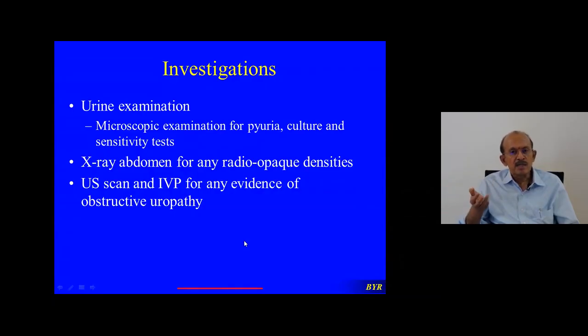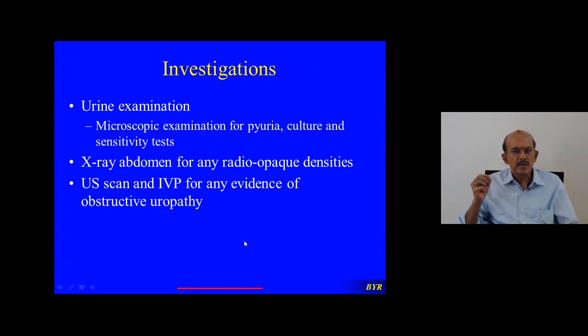But why is infection there? A normal kidney is resistant to infection because the urine is always flowing down, washing away the pelvis, collecting ducts, ureters, and so on. But if infection is there, it means there is some predisposing cause.